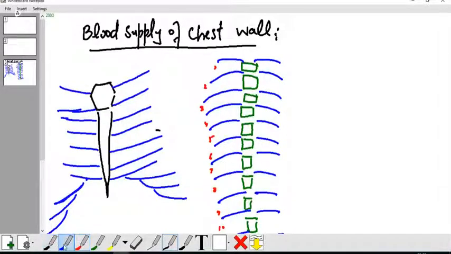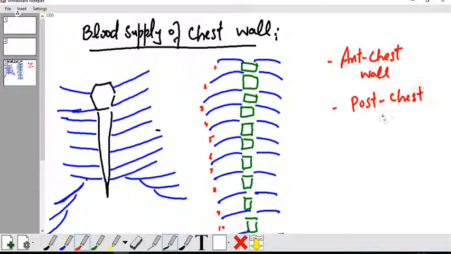Let's talk about blood supply of the chest wall. As you know, in the previous lectures we finished with the chest wall. The chest wall has two parts, the anterior chest wall and the posterior chest wall.